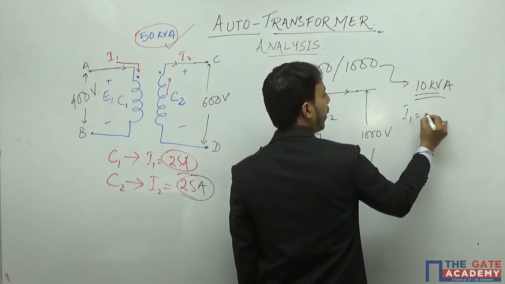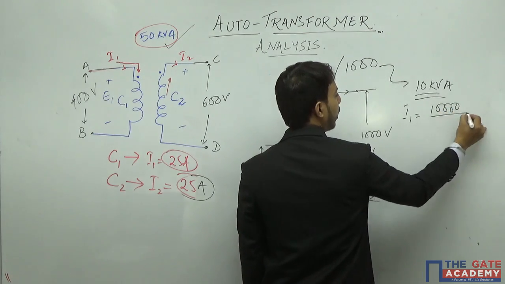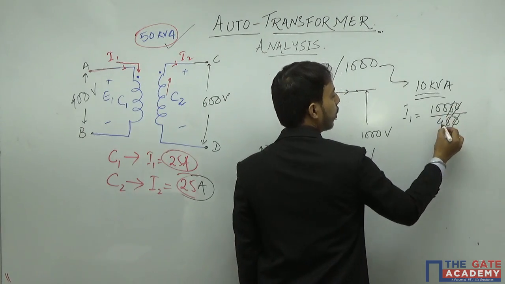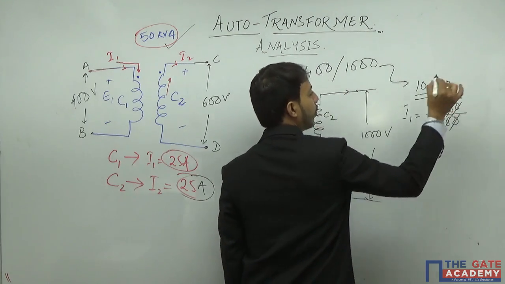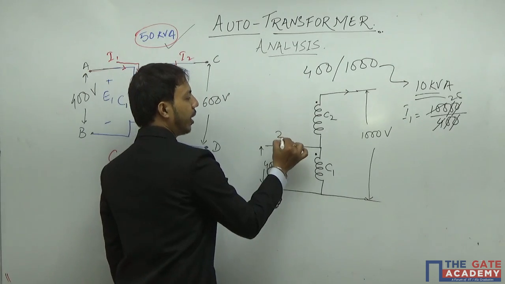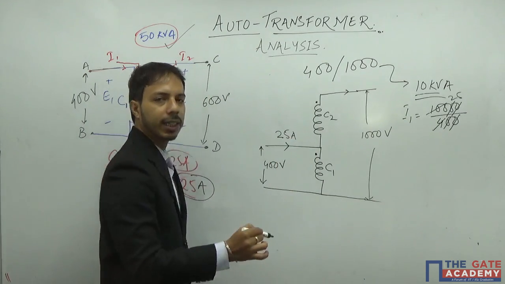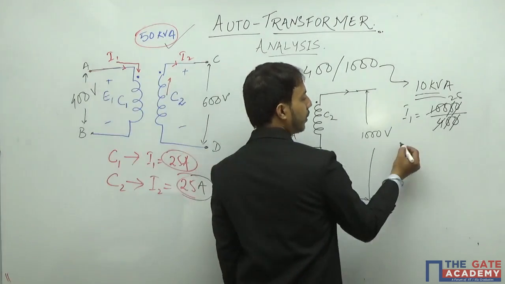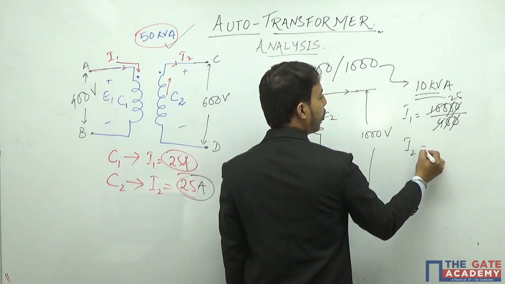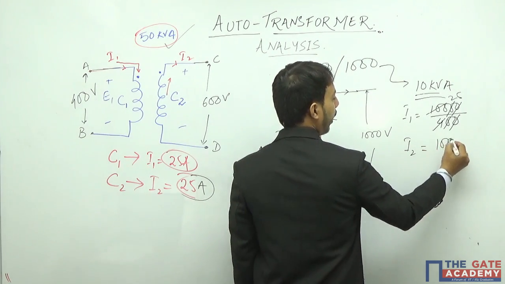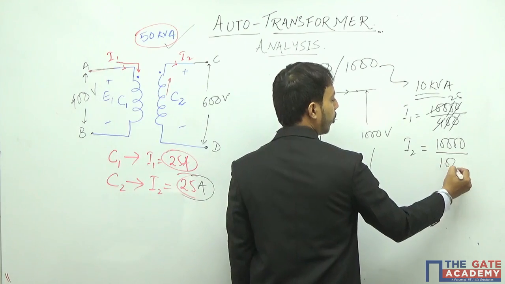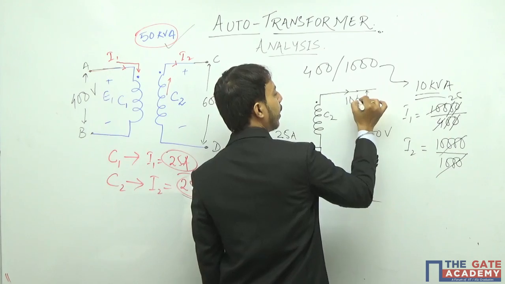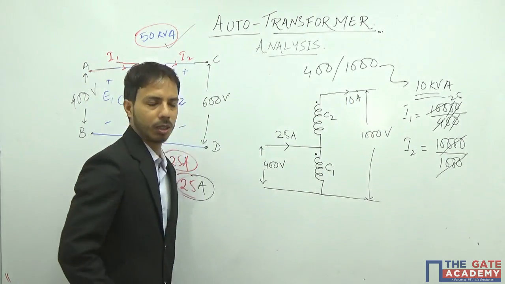So I1 will be 10,000 divided by V1, which is 400, that is 25 amperes. And I2 similarly will be 10,000 divided by 1000. So this is 10 amps, very simple.